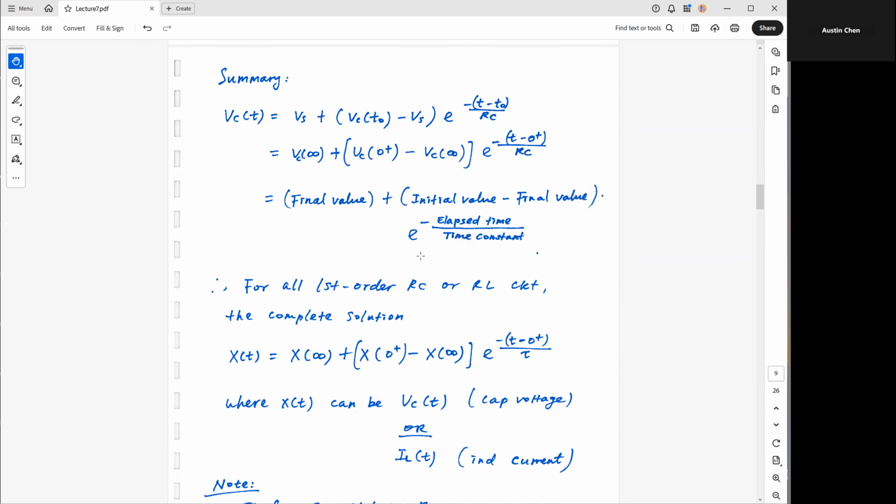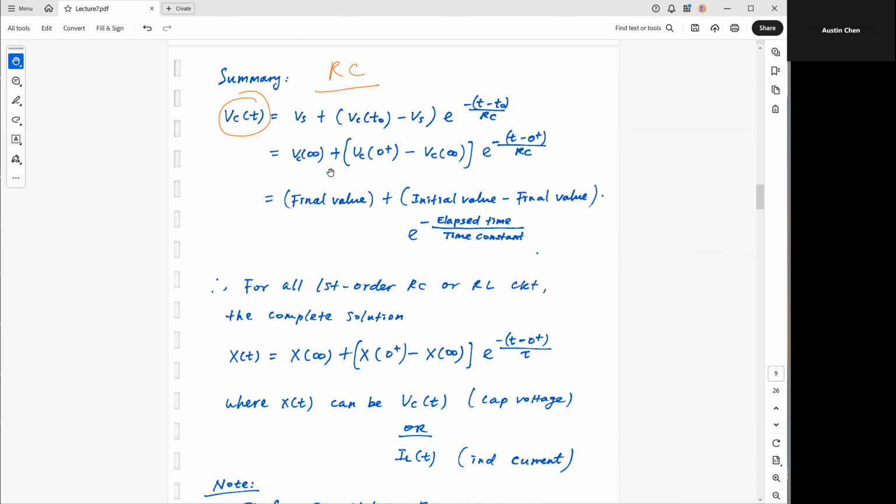If we're dealing with RC circuits, the variable of interest is VC of t. We look for Vs, the input excitation. So VC of t equals Vs plus the initial value minus Vs, in brackets, multiplied by the exponential function with tau in the denominator. Remember, this is my time constant RC.